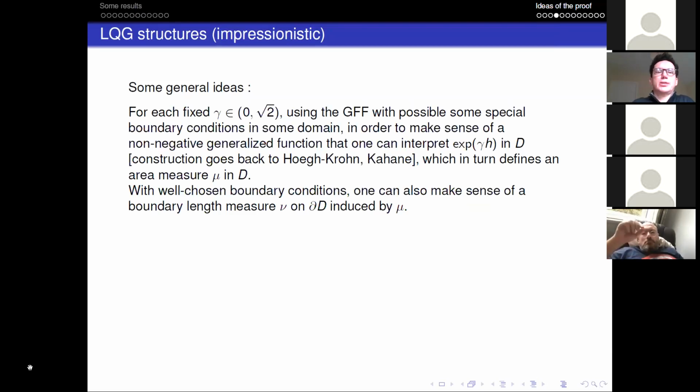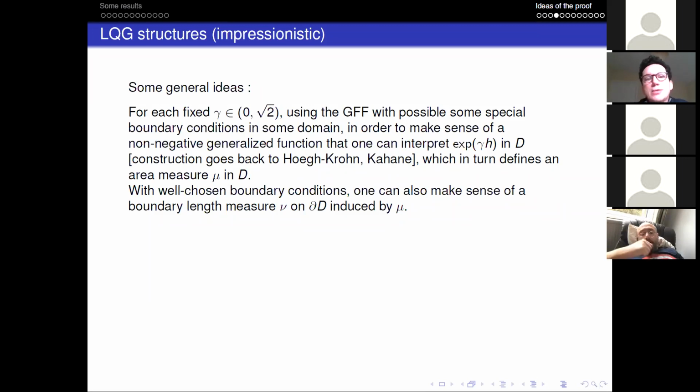So the first one is what Liouville quantum gravity is, that we're going to have in mind. There is a parameter gamma that is closely related to our parameter kappa prime, such that it is possible to define some sort of natural random non-negative function in the plane that you can interpret as the exponential of gamma times the Gaussian free field.